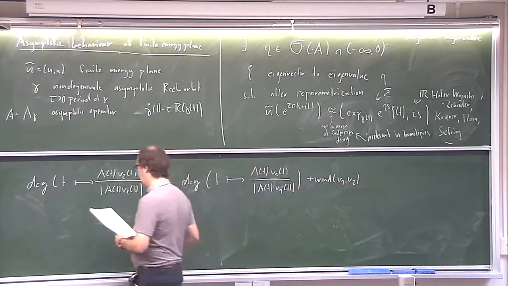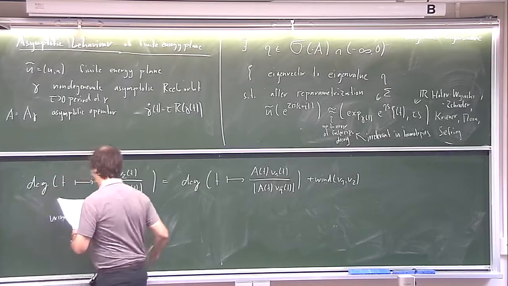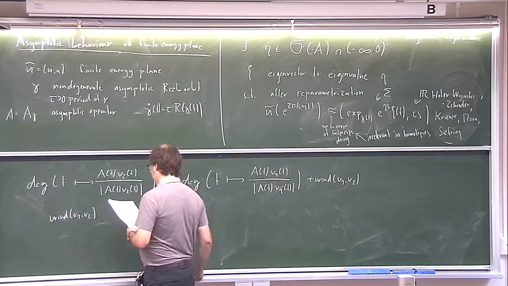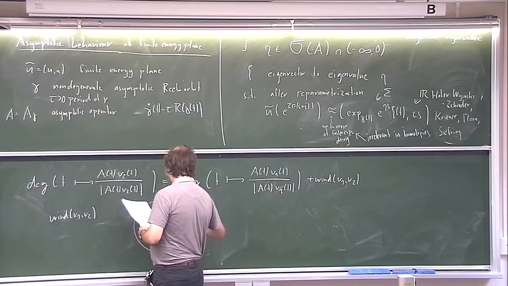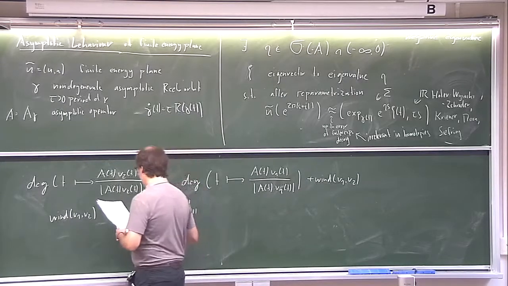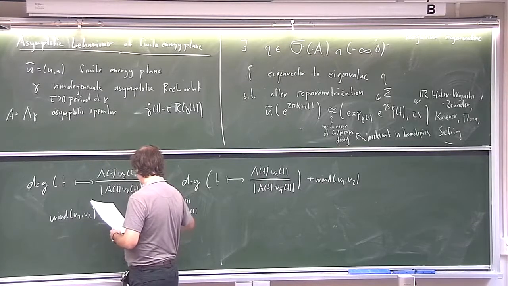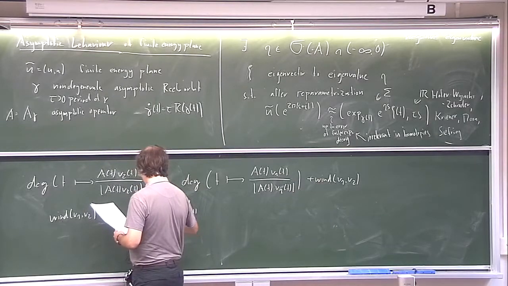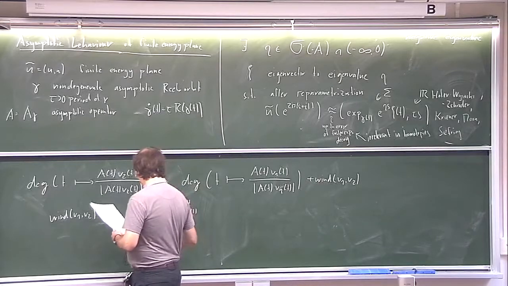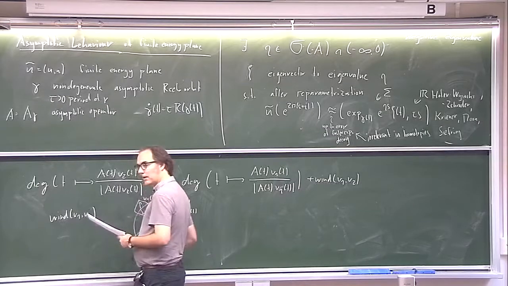So we have the winding of V1, V2. Here we have a circle, then V1 of t, V2 of t, and at one point they might become parallel.